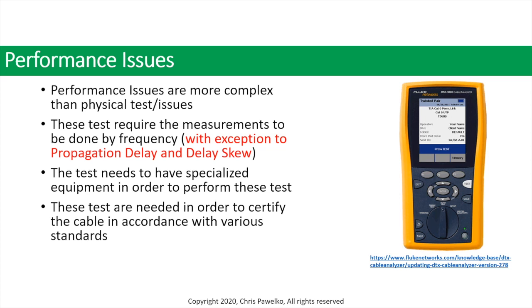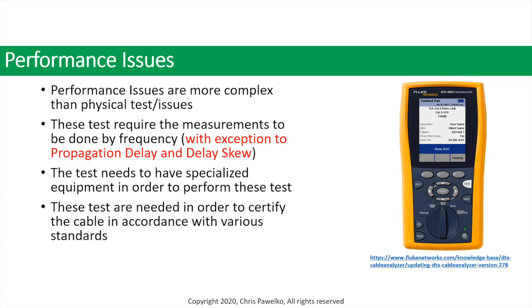All right, so now we're going to progress forward to performance issues. Performance issues are more complex than the physical tests that we just saw over the previous slides. These tests do require the measurements to be done by frequency, with the exception of propagation delay and delay skew. The tests need specialized equipment, so our inexpensive wire map testers cannot do these types of tests.